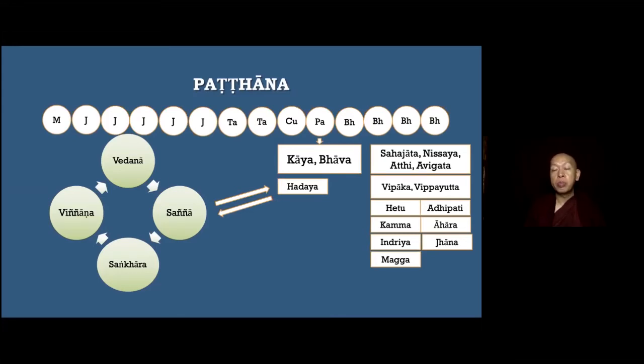Nissaya. Atthi: when they are present, they can support each other. Then avigata, non-disappearance: before disappearance, they have a relationship.